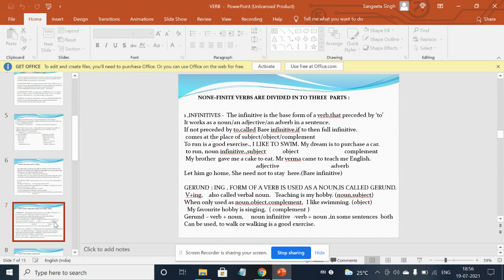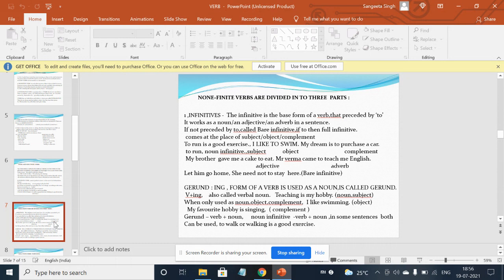If preceded by to, then it is called a full infinitive. Always remember, an infinitive works as a noun, an adjective, and an adverb in a sentence. It comes at the place of subject, object, or complement.